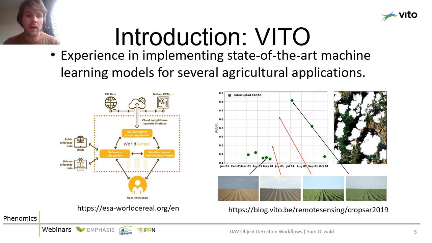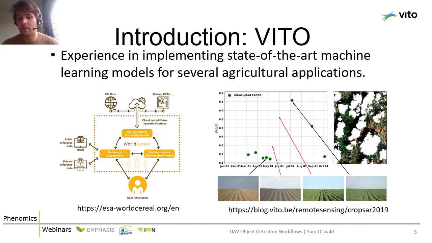For example, one is the World Cereal application, where VITO works in collaboration with the ESA and others to map annual global coverage of grains such as wheat and maize. We also have other projects such as the CropSAR one, which I show on the right here, and this looks at improving in situ crop monitoring and trying to fill the gaps with existing data.